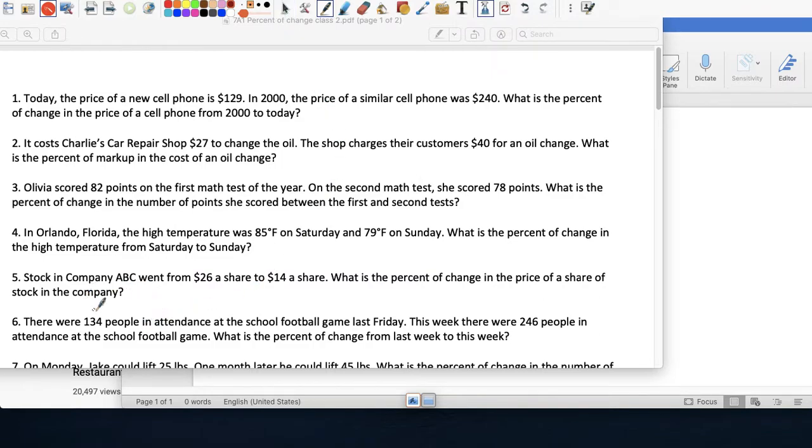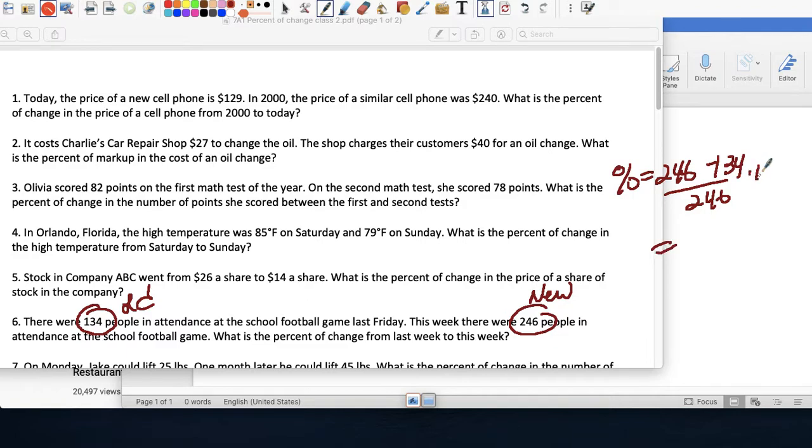6. Last Friday there were 134 people. This week there's 246 people. What's the percent of increase? So this is going to be a positive, right? Because it's increasing, went up. So 246, this is the new, this is the old. 246 minus 134 over 134 times 100.